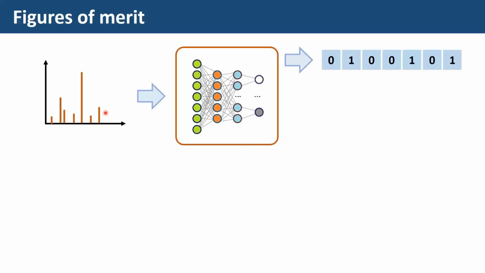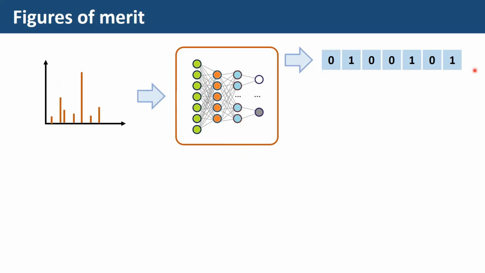So let's see this exemplification. Here you have a mass spectrum. Let's say this is our neural network, which is trained. By means of our neural network, we predict a fingerprint, a binary vector.